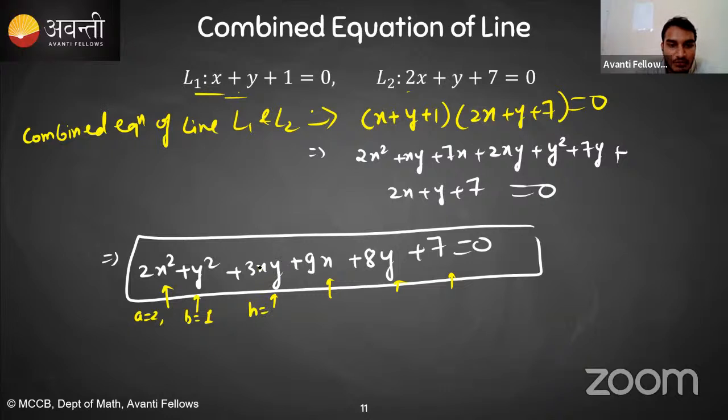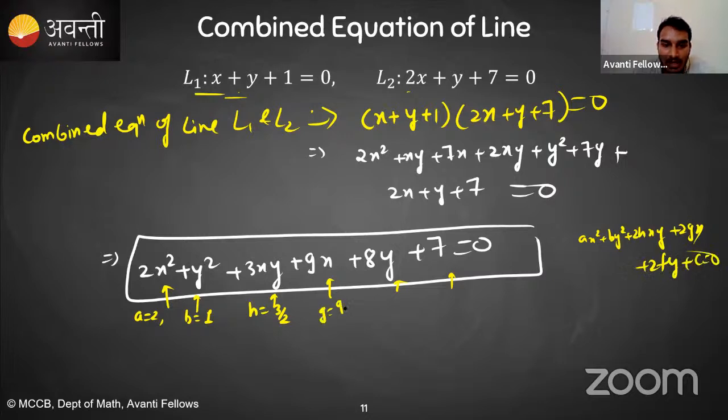H is half of the coefficient of xy, 2hxy, so 3 by 2. Comparing with ax square plus by square plus 2hxy plus 2gx plus 2fy plus c equal to 0, what is G now? 9 by 2. What is F? 4. What is C? 7.